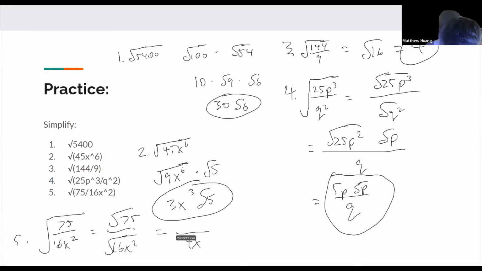The top, on the other hand, you'll have to split apart. 75 ends in 5, so my first thought is to look for 25s in there, which you can. So you split this into root 25 times root 3. And since root 25 is just 5, it turns into 5 root 3 over 4x.